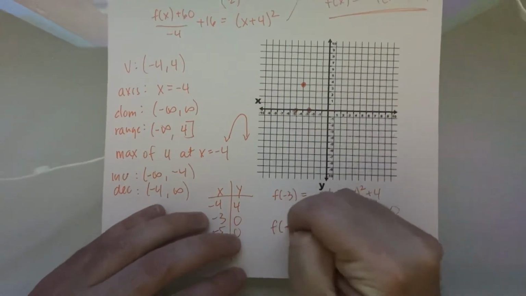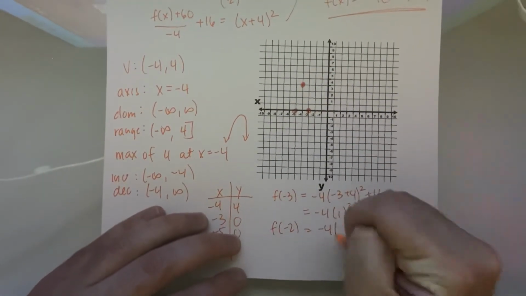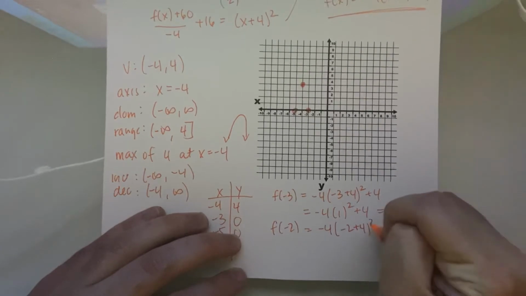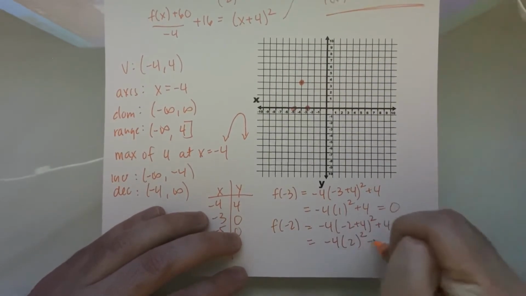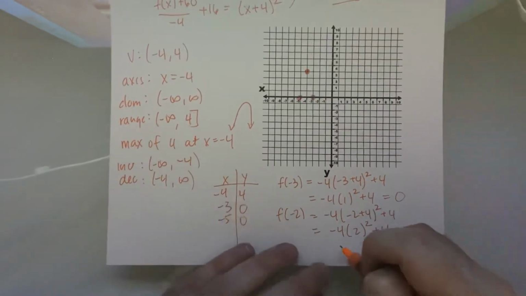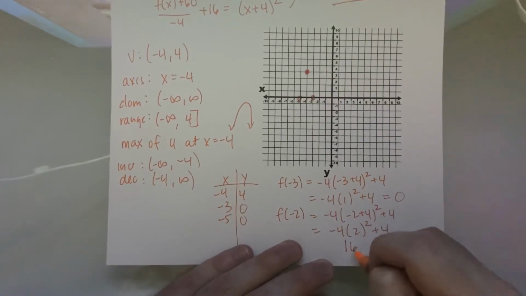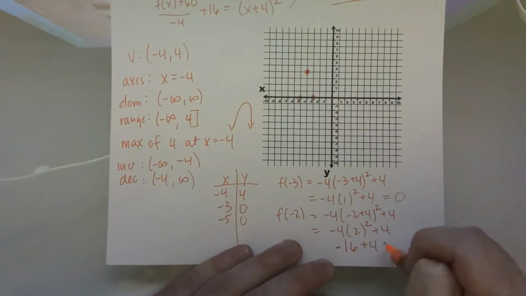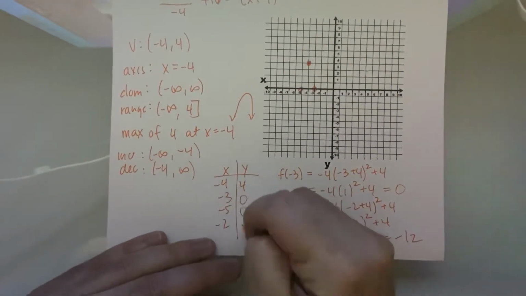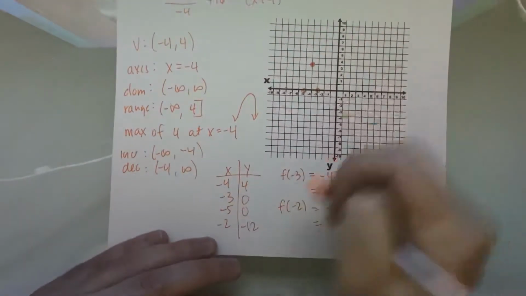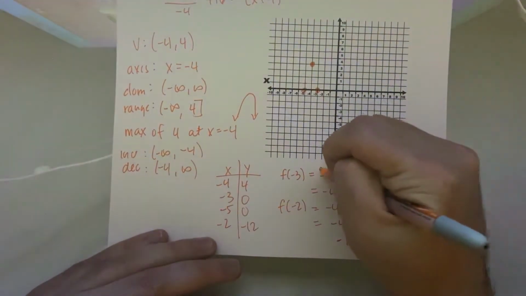One more point, f of negative 2. Negative 4 times (negative 2 plus 4) squared plus 4. It's negative 4 times 2 squared plus 4. That's 4. So this is negative 4 times 4, which is negative 16 plus 4, which is negative 12. That's off the graph. Negative 2, negative 12. Just barely, but it is.